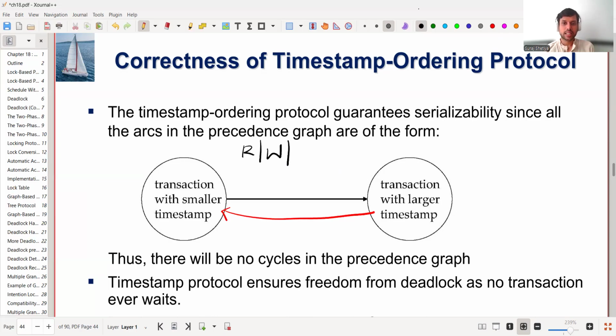In this case, the larger transaction is essentially the newer one, and this is the older one. The moment this red edge gets introduced, we decide to abort the newer one. So we are in some sense good just by the simple protocol. We are ensuring that there exists a serial schedule that's equivalent to whatever we are doing just by doing this.